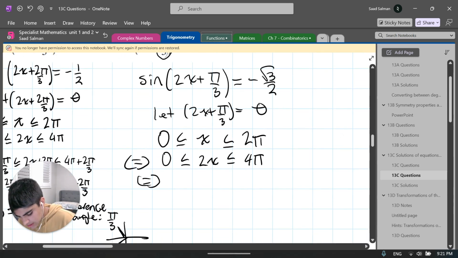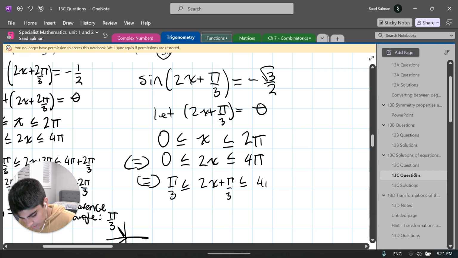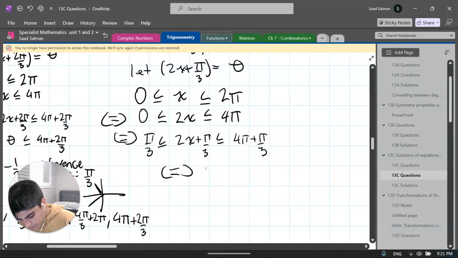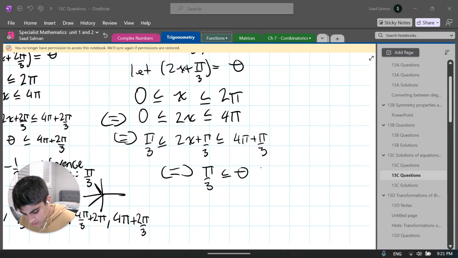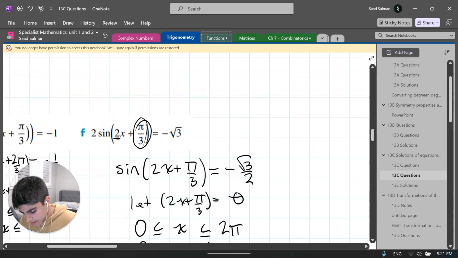This implies pi on 3 is less than or equal to 2x plus pi on 3, which is less than or equal to 4 pi plus pi on 3. This implies pi on 3 is less than or equal to theta, which is less than or equal to 4 pi plus pi on 3.